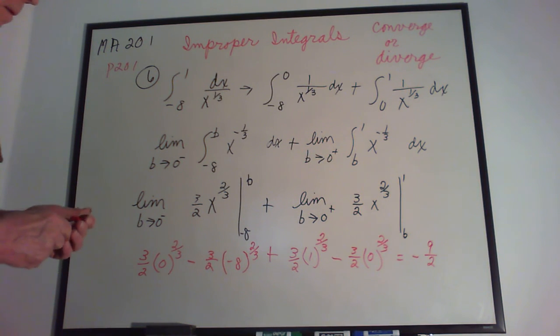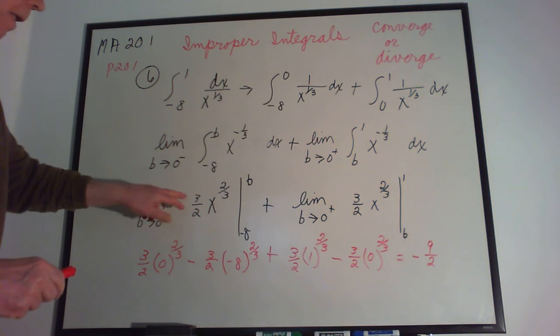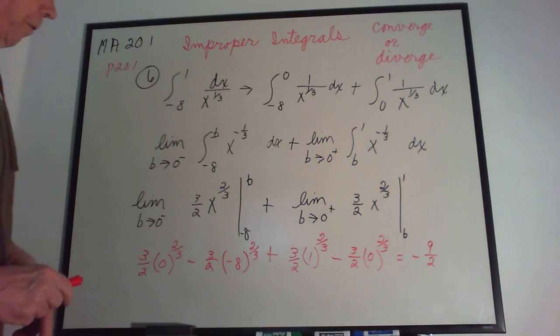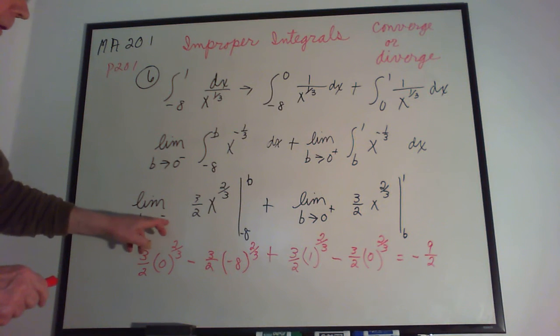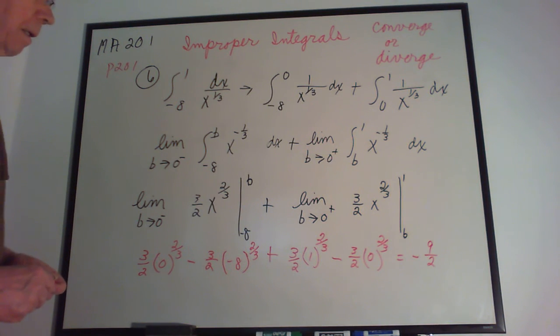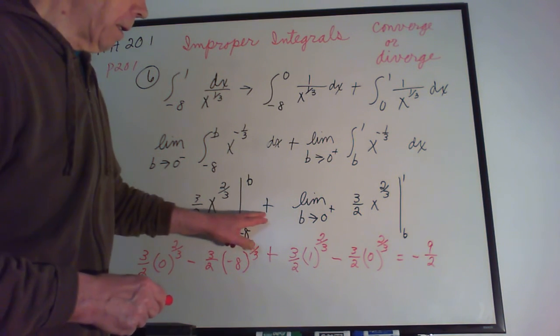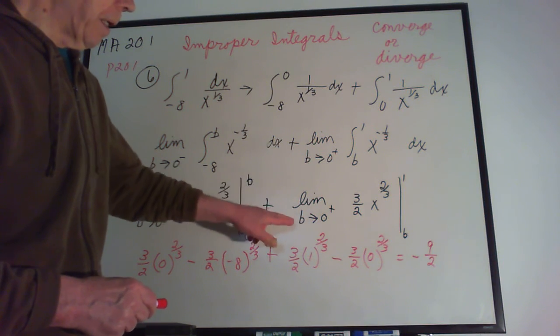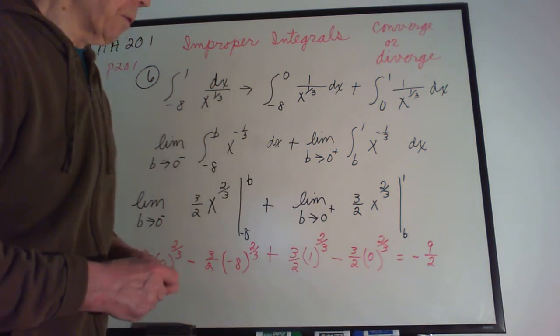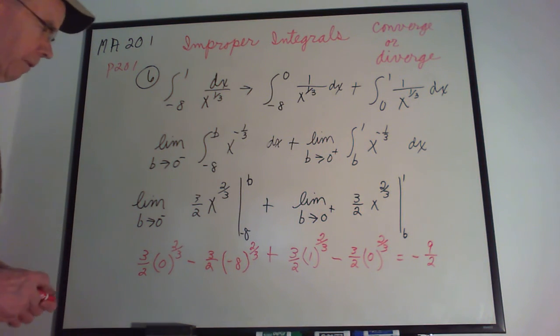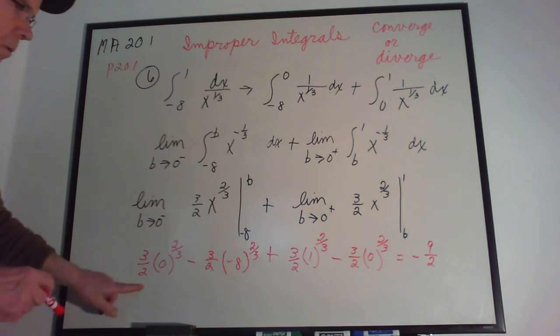All right, so we integrate this, we're going to get 3 over 2 x to the 2/3. We want to know the limit as b goes towards 0 from the negative side. And that's going to be added to the limit as b goes to 0 from the positive side, 3 over 2 x to the 2/3. Plug in the values, this will give you 0.